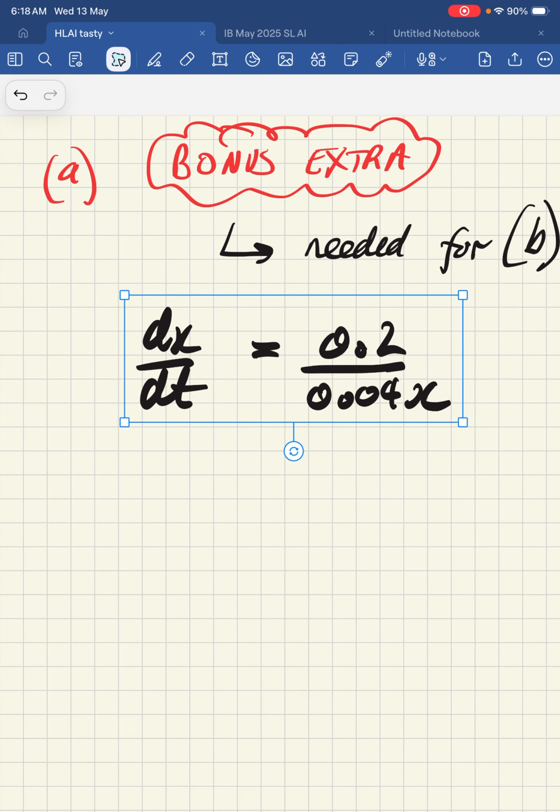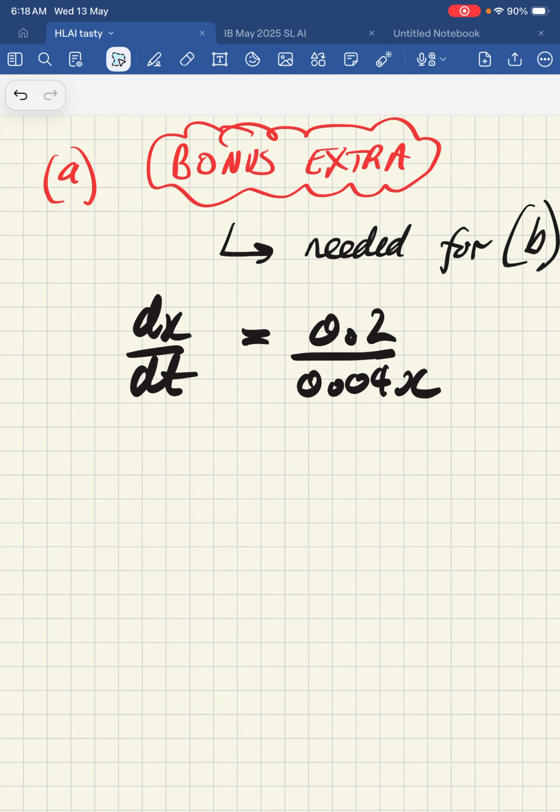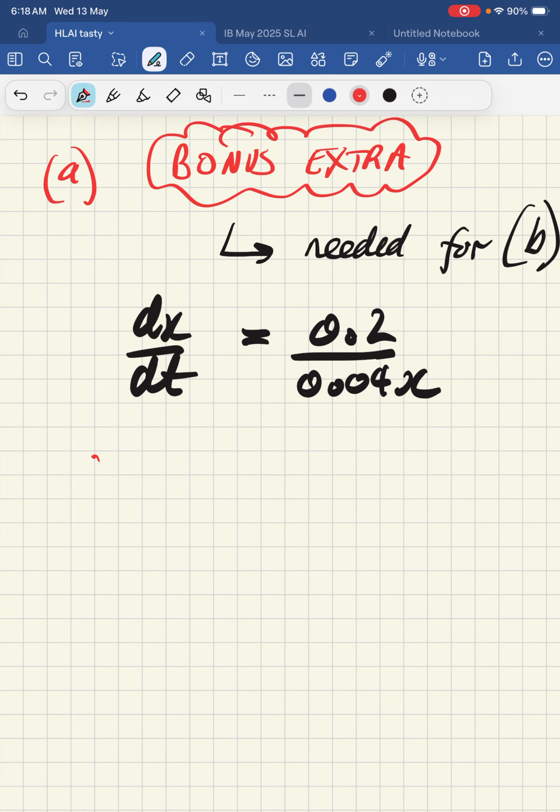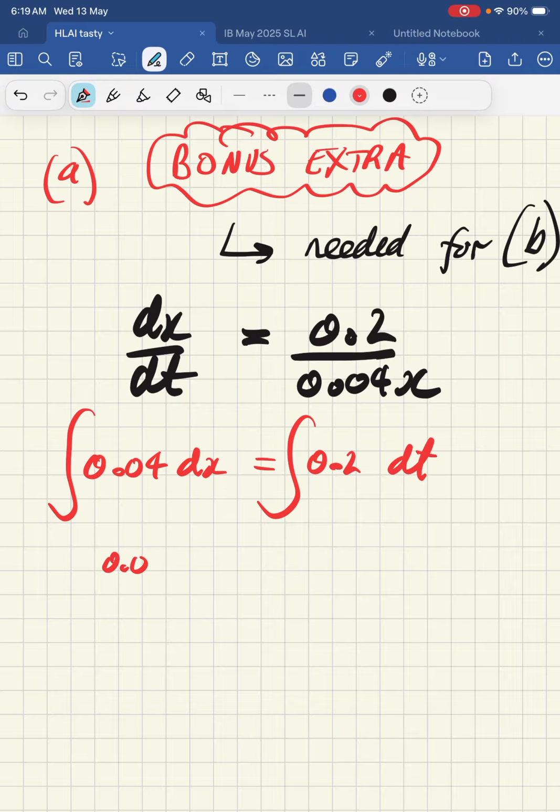Even though we should be going to B part 1, we're going to have to come back to this anyway to finish off. So can you see dx by dt on the left? We could directly integrate if this side was in terms of t, but it's not, so we've got to separate the variables. 0.04x dx, cross multiply, equals 0.2 dt, integrate both sides.